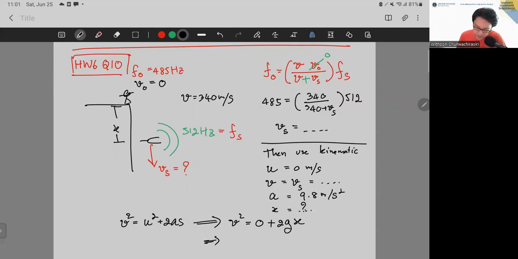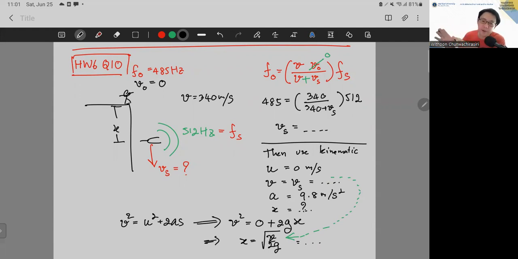That means x is just v squared over 2g. You just take the v that you got from here, plug it in there, and then you are pretty much done. Does that make sense? Is it good? All right.